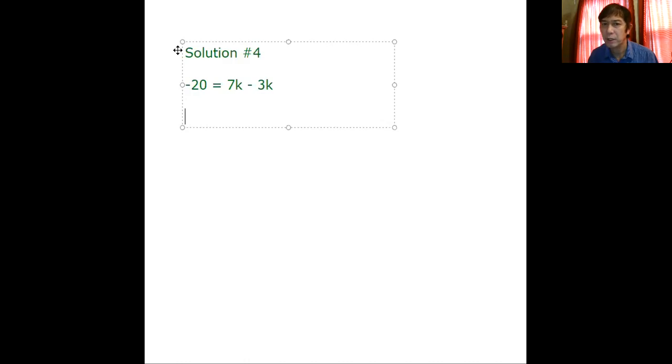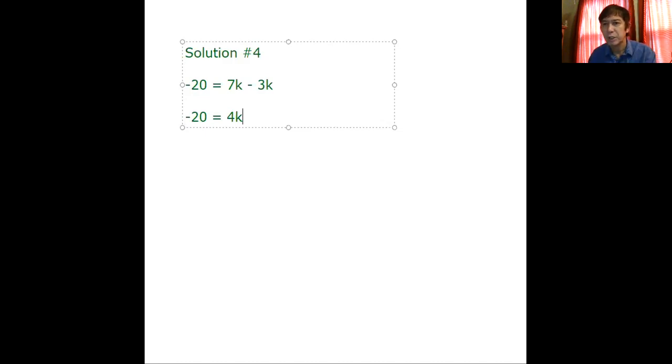So 7k minus 3k is 4k. The left side is still negative 20, and the right side is 4k. So we now have this simplified line, negative 20 equals 4k.